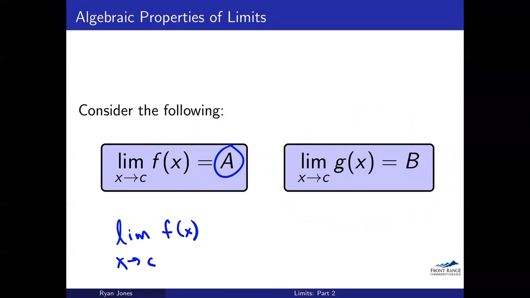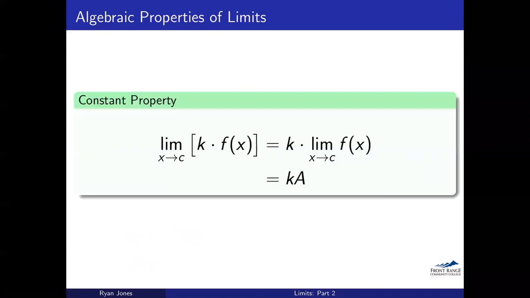So let's go ahead and move on to the first algebraic property. This is what we'll call the constant property. In this, k is just any constant value.